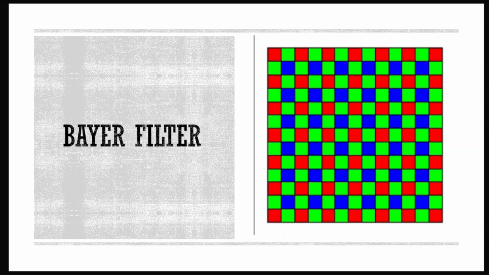So we know that one pixel is not getting the entire color range. One pixel will be getting one specific type of color.